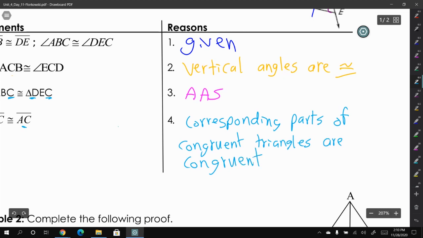So that's a lot to write down every single time. So we can abbreviate that as CPCTC: corresponding parts of congruent triangles are congruent. So we can use that to abbreviate that big long phrase there for reason number 4.